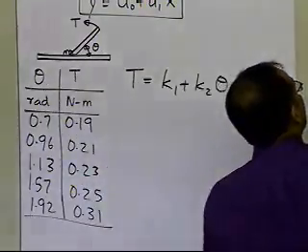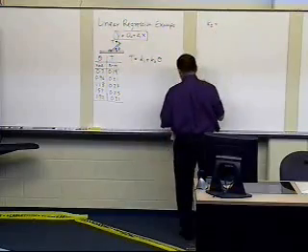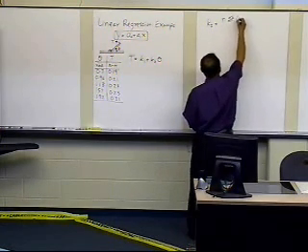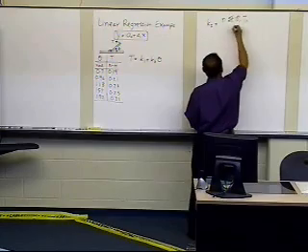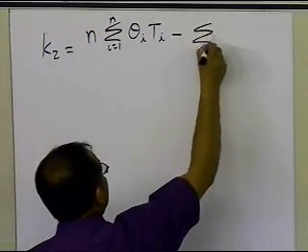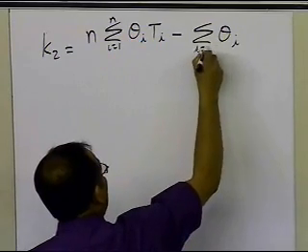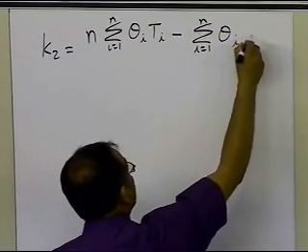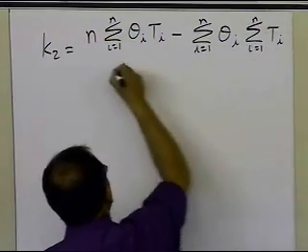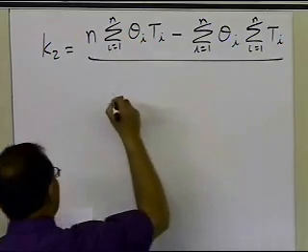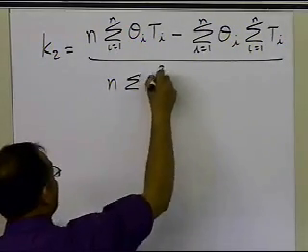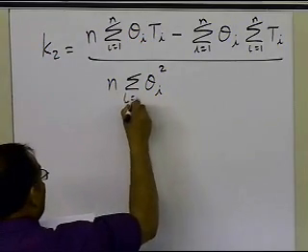We'll say K2, which is the slope, is given by n times summation theta_i t_i, minus summation theta_i times summation t_i, adding all the theta i values and then adding all the torque values, and then dividing by n times summation of theta_i squared, taking all the theta values, squaring them, and then adding them up.